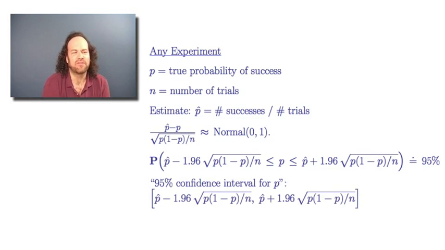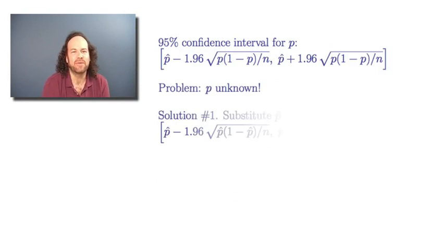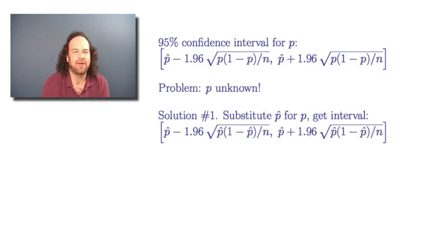There are a few other things we can say here. You might think this isn't that useful because, after all, the confidence interval has P in it, but P was unknown. Well, there are two ways to proceed there. One is we could say P is probably pretty close to P hat, so let's just substitute in P hat instead of P. That's often done.